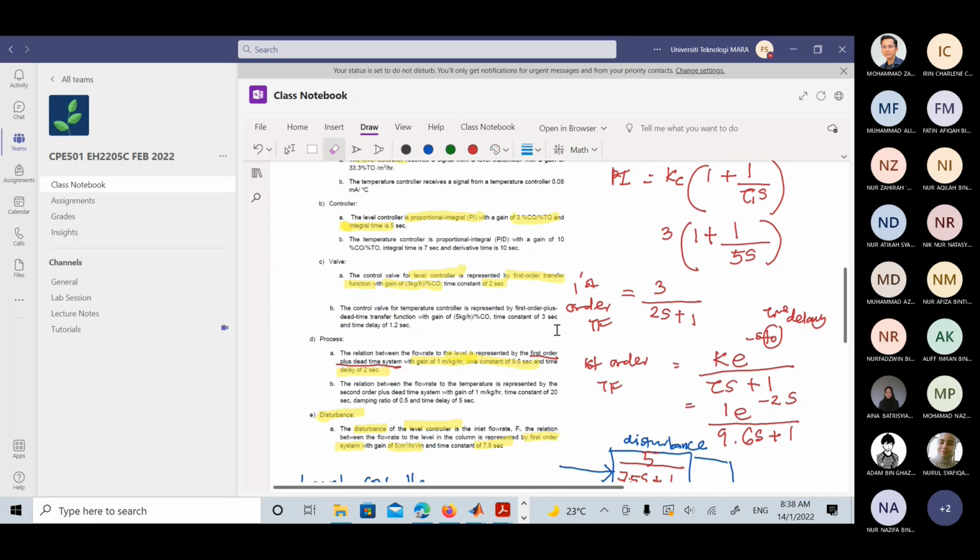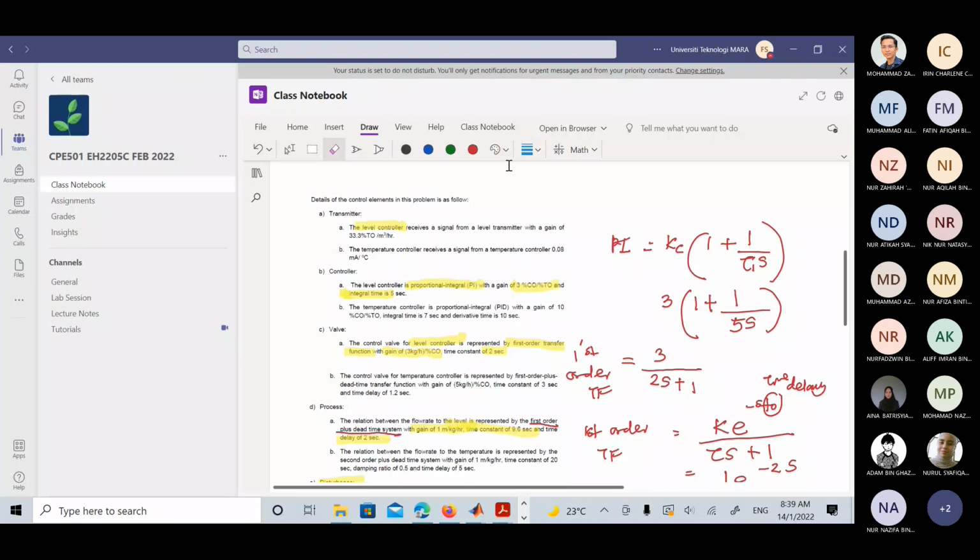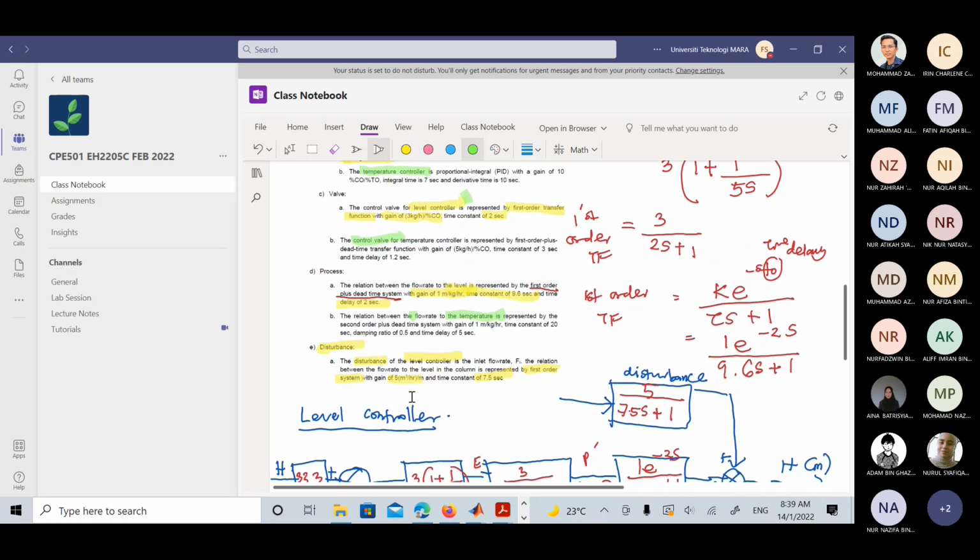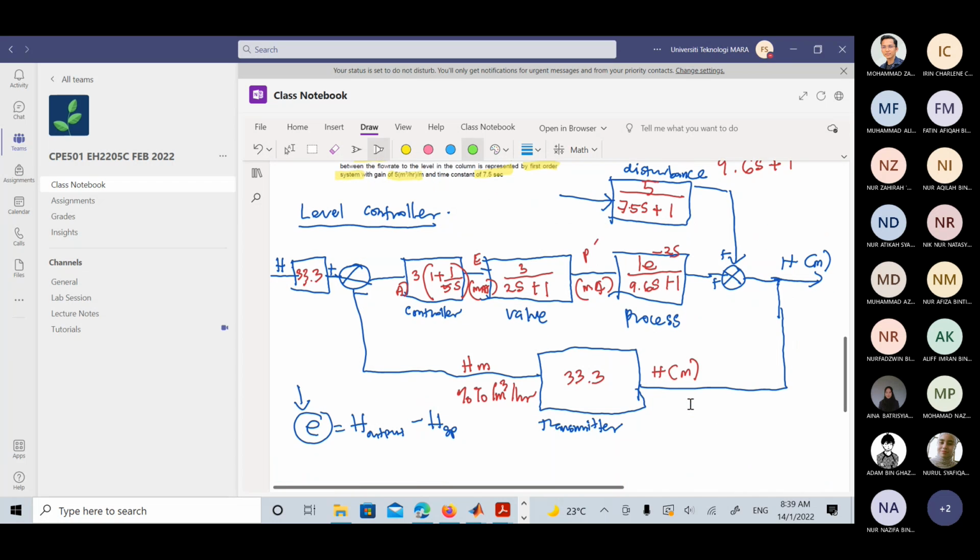So for temperature controller, okay, this is the information that has been given: the information for the transmitter, for the controller, for the valve, and then for the process. For block diagram for temperature controller, we don't have the disturbance, so tak perlulah letak disturbance ni.